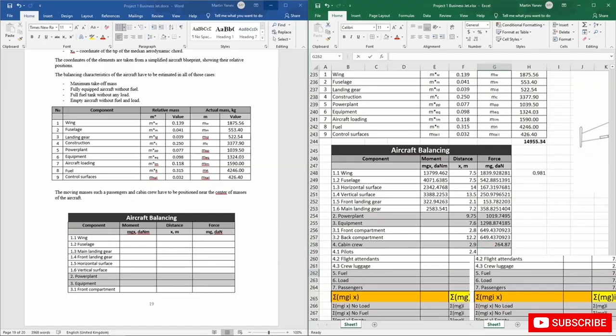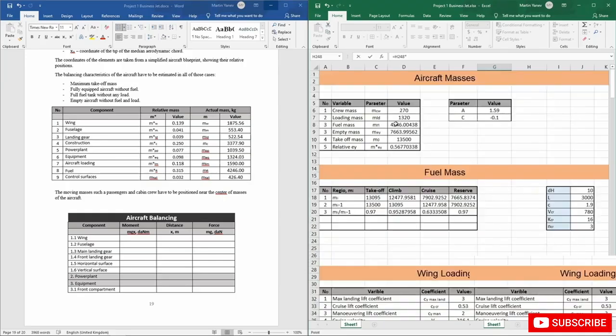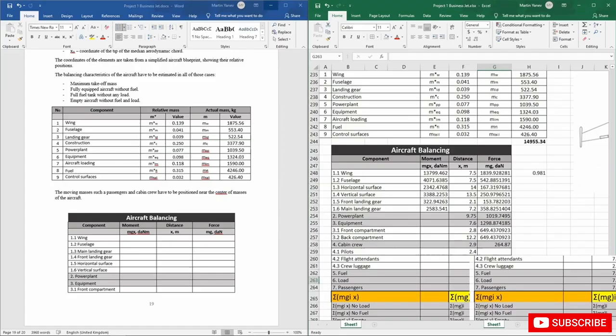Next, let's estimate the force produced by the fuel, and this will be equal to 0.981 multiplied by the mass of the fuel, which is this one, and we're getting for the force produced from the fuel 4,165 decanewtons. Then for the load we have it here, I think.